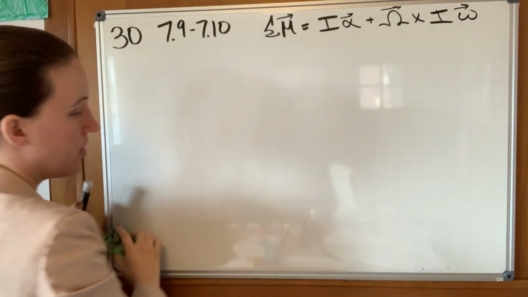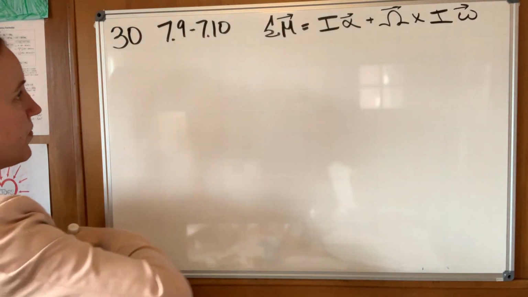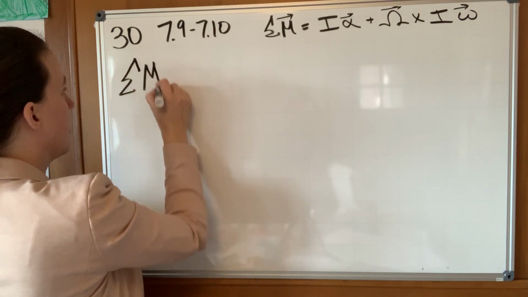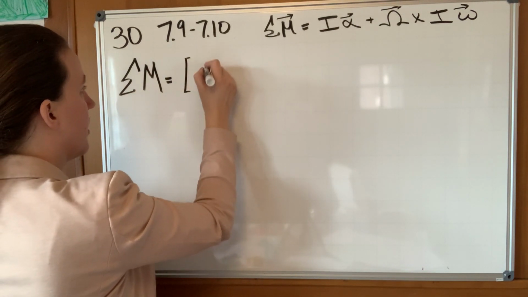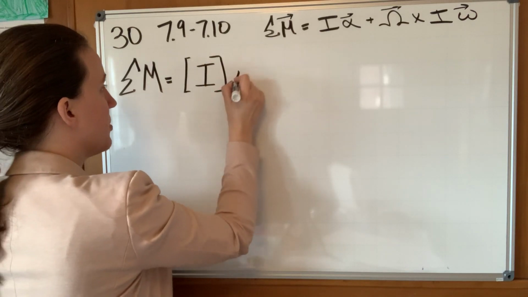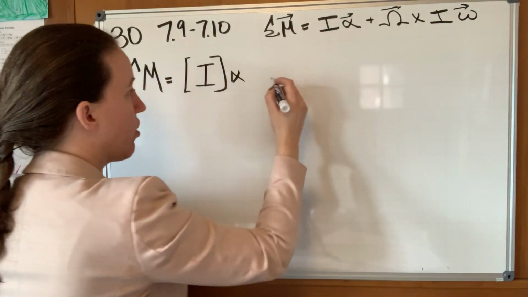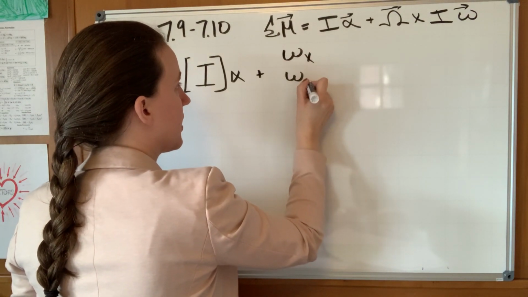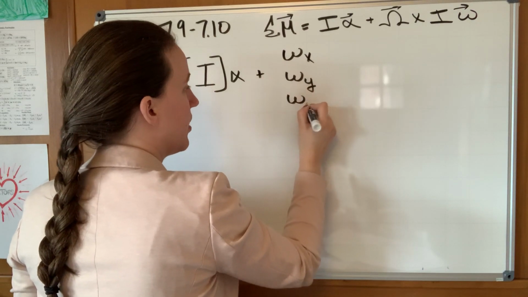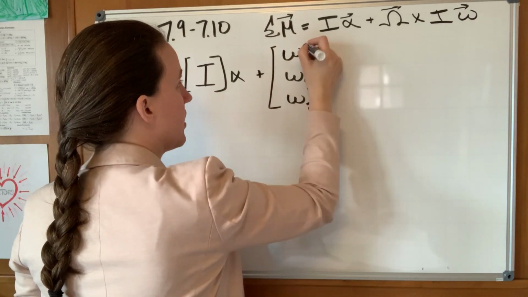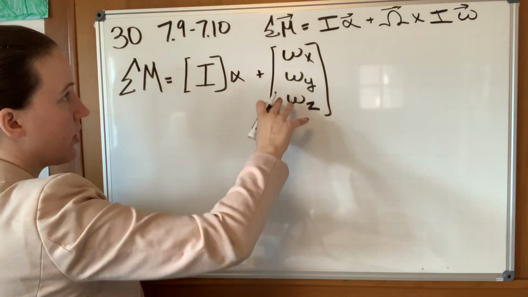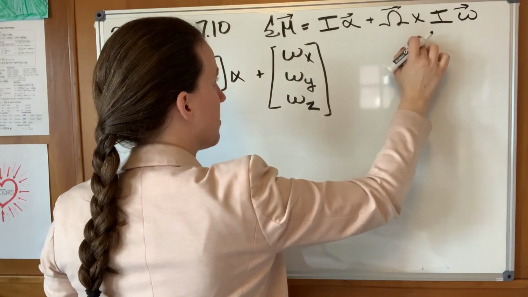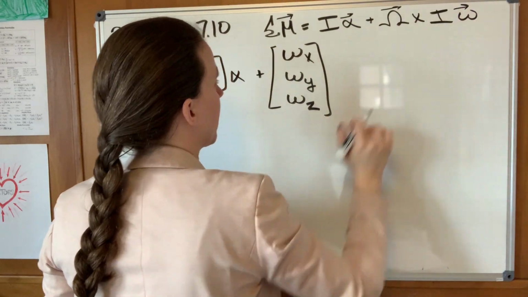Now what we want to do is say that the sum of the moments is going to be equal to our I matrix times alpha. Now we're going to take this cross product, and it's going to be omega x, omega y, omega z, because we want to make sure the whole coordinate system is rotating with the same axes that our I omega is defined in.